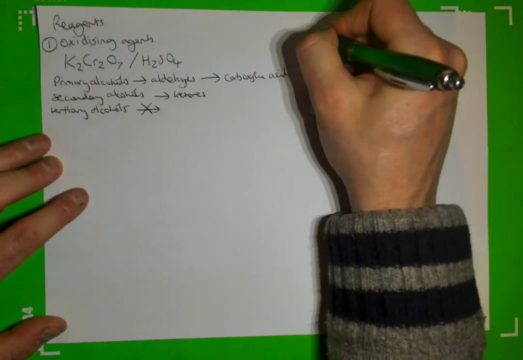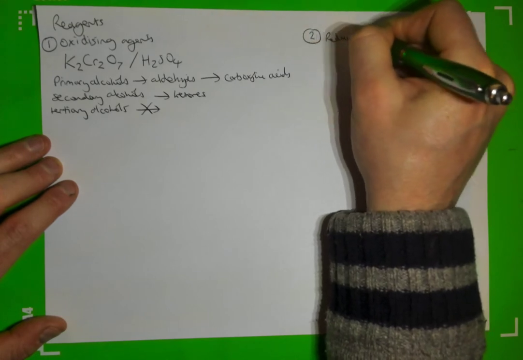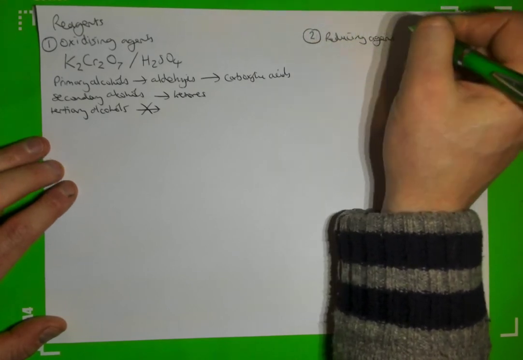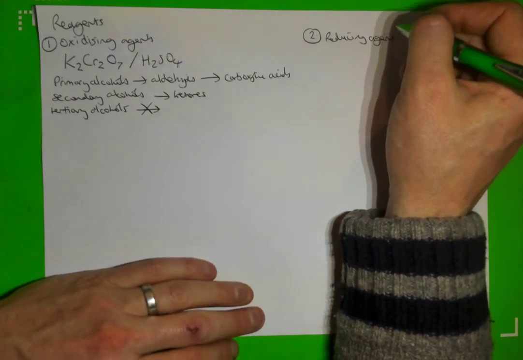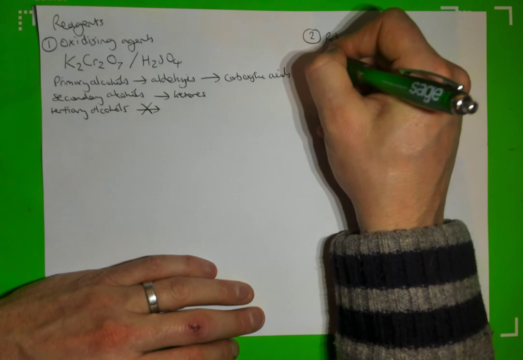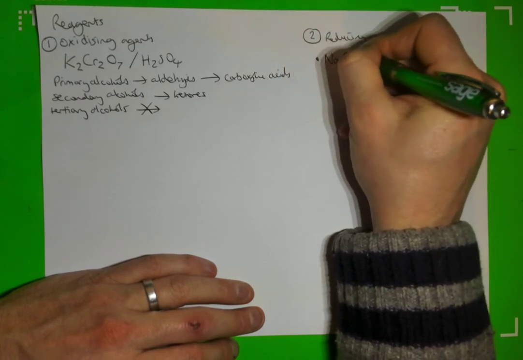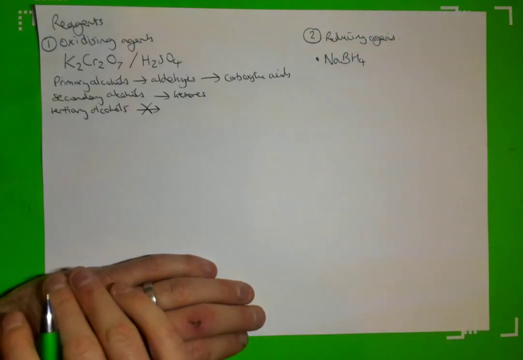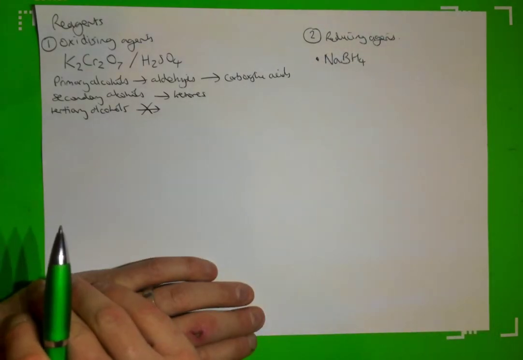We know that there are reducing agents as well. And we have different reducing agents. So one reducing agent that we learn is this molecule here. Now that molecule's got a long name, but we just remember this. It's sodium tetrahydridoborate(III).